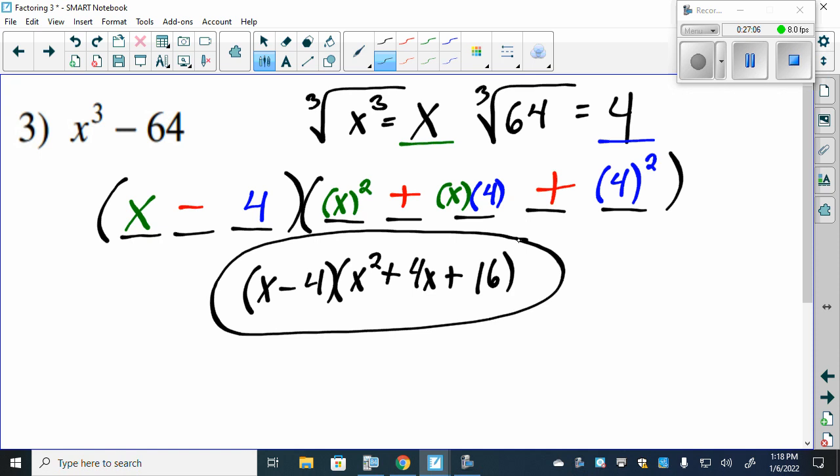Any questions on this here so far? The sum and difference of perfect cubes, not too bad. We're ready for the next one.